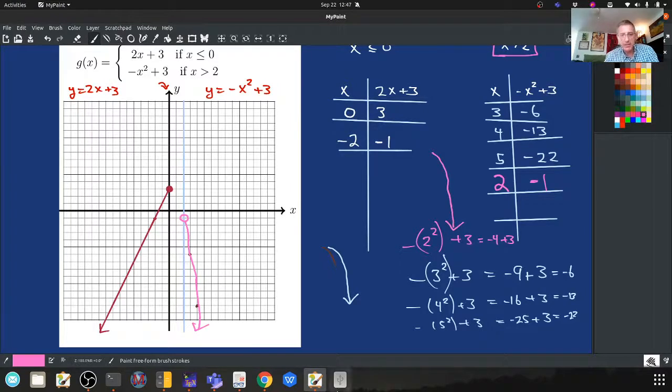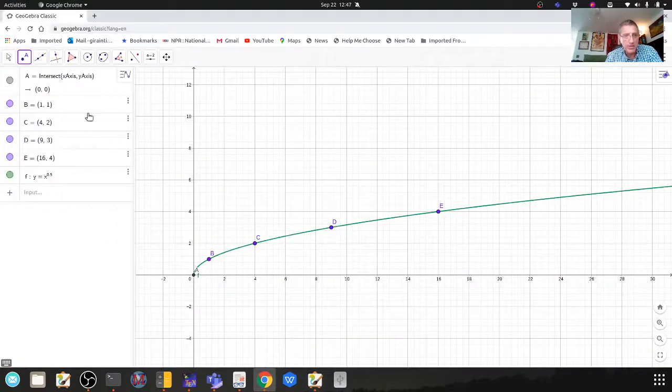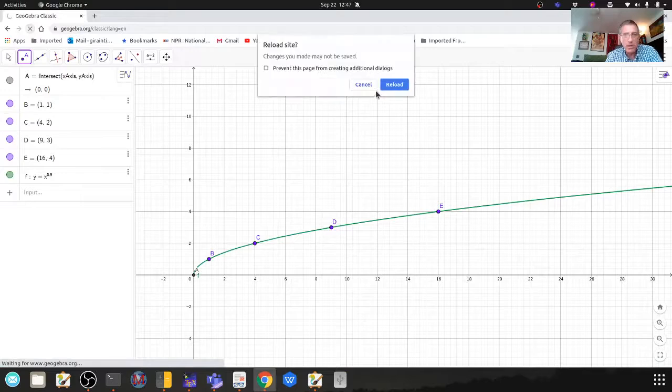As a matter of fact, we can see what that looks like. It doesn't look anything like what I drew because I'm not good at drawing, but let's actually show you what it will look like.